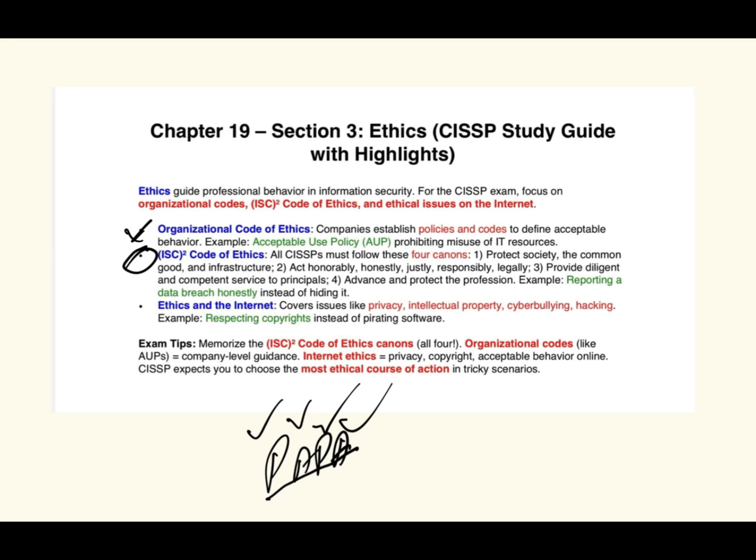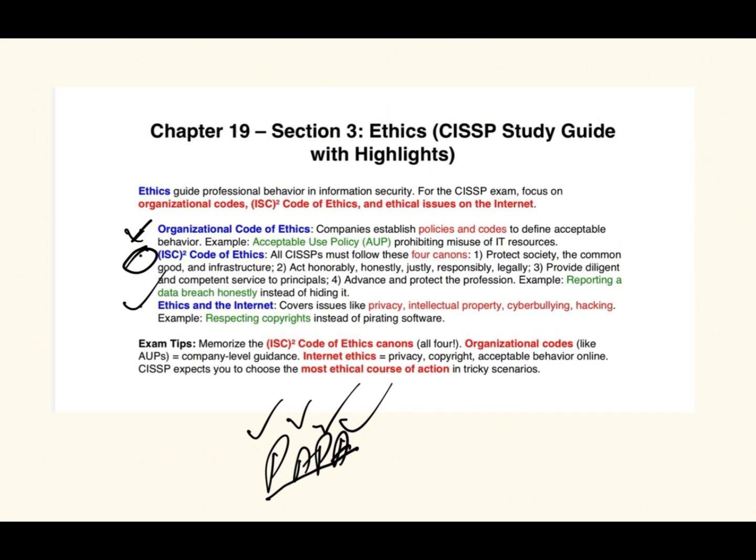Right. So the last one is ethics and the internet. This covers acceptable behavior online. Key areas: privacy, do not invade personal data; intellectual property, respect copyrights; cyberbullying, prohibit harassment.